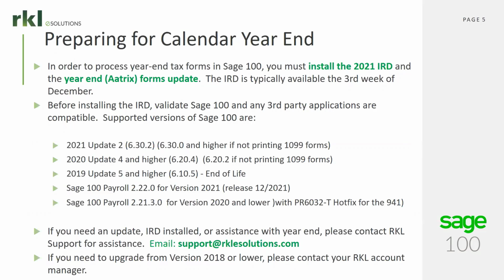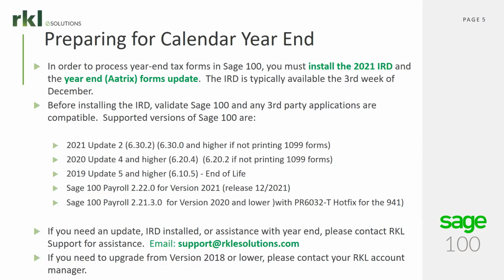Supported versions this year for your Sage 100 and payroll are 2021 Update 2, Update 0 if you're not printing 1099 forms, version 2020, Update 4 and higher, Update 2 and higher if not printing your 1099 forms, version 2019, Update 5 and higher, and this will be the end of life for the 2019 supported version and for any tax forms to be processed.